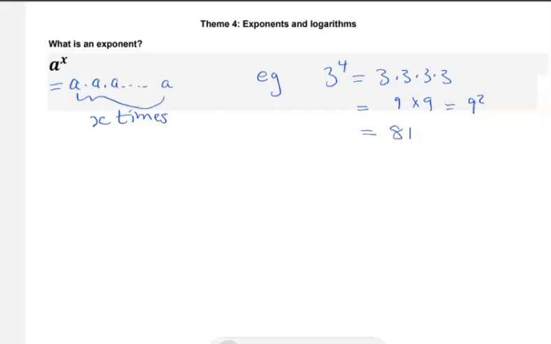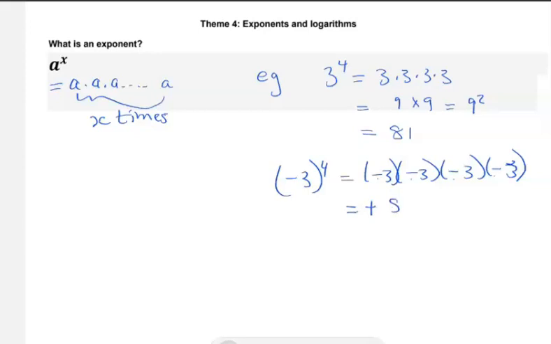So, we can also write minus 3 to the power of 4. Then it means that we have minus 3 times minus 3 times minus 3 times minus 3, which in this case will give us a minus times a minus is a plus, and the minus times a minus is a plus, so we have the answer is plus 81.